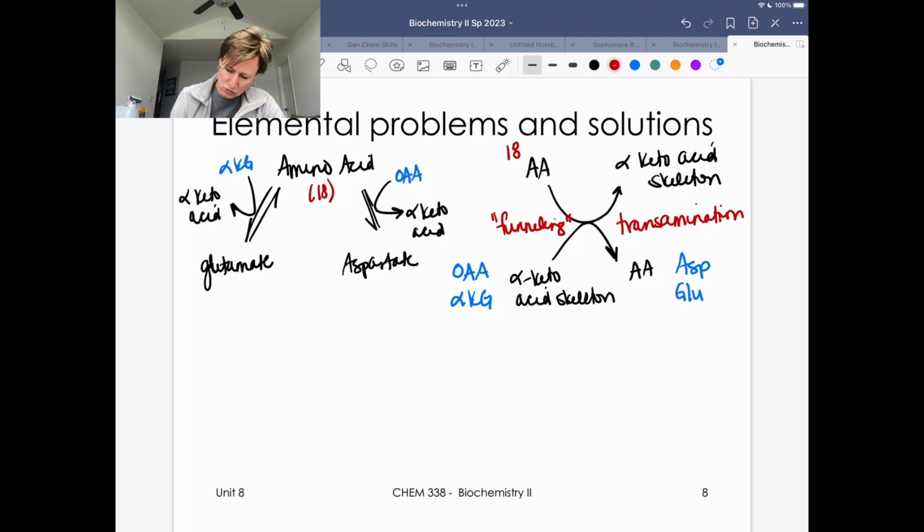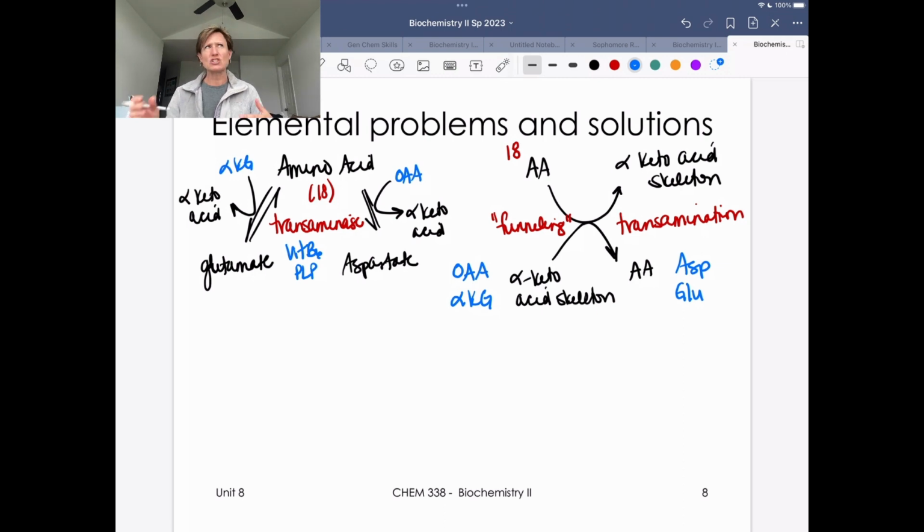So this chemistry happens with transaminase enzymes. And I want to highlight an important cofactor, vitamin B6, which is our PLP. We're not going to look at the enzyme active sites, but that is a required coenzyme. We need vitamin B6 in order for this chemistry to happen.